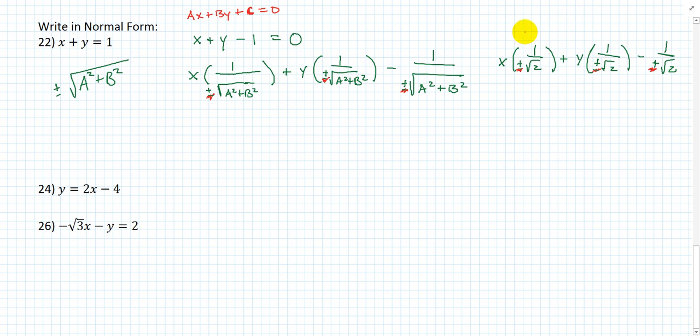The other thing is now this is cosine phi, and this is sine phi. And that would be equal to this. So what that means is we're really looking for a triangle. Now cosine, remember, positive 1 over root 2 would be here, or it could be down here, 1 over root 2.